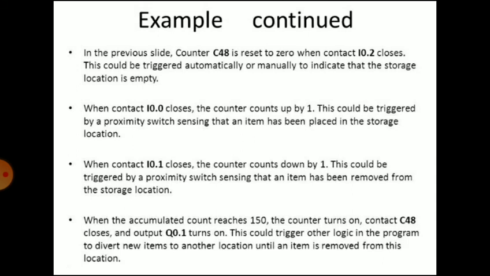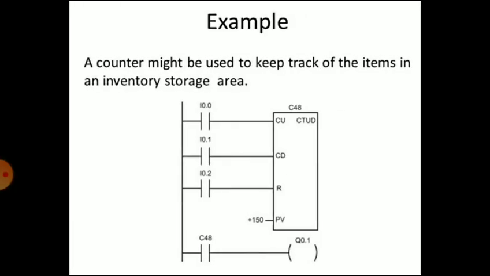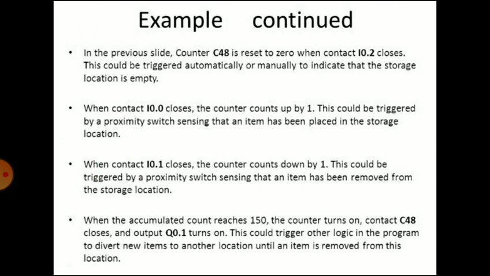This could be triggered by a proximity switch sensing that an item has been placed in the storage location. When contact 10.1 closes, in rung 2, the counter counts down by 1. This could be triggered by a proximity switch sensing that an item has been removed from the storage location.